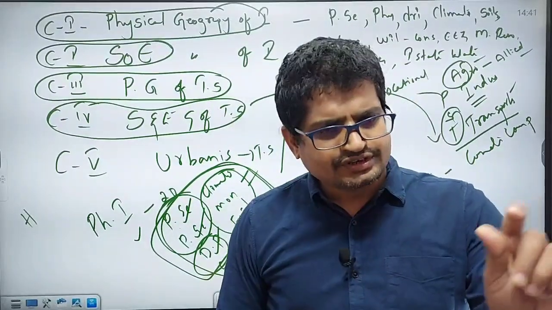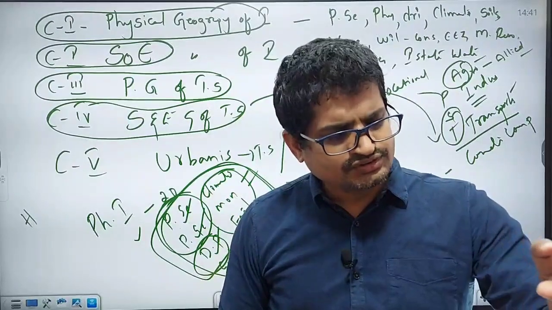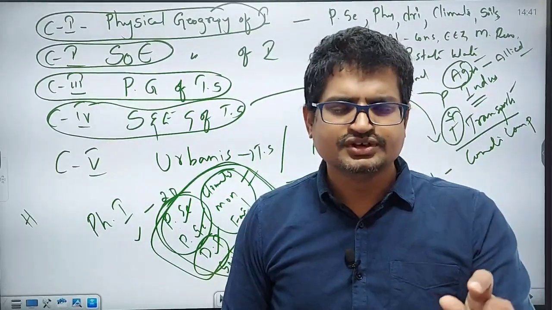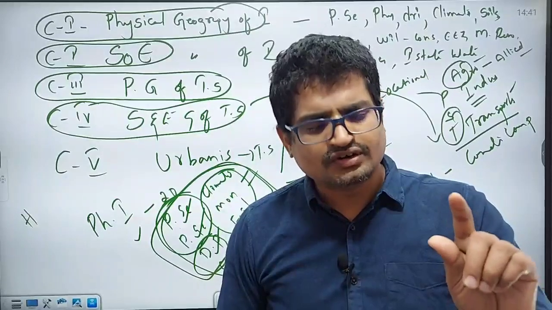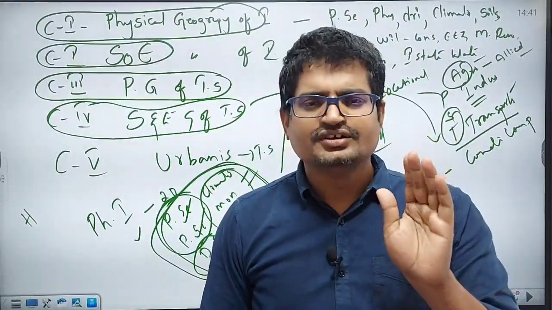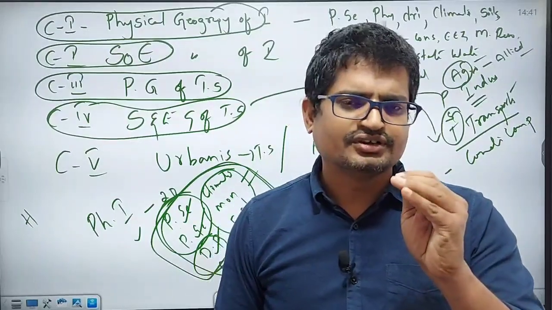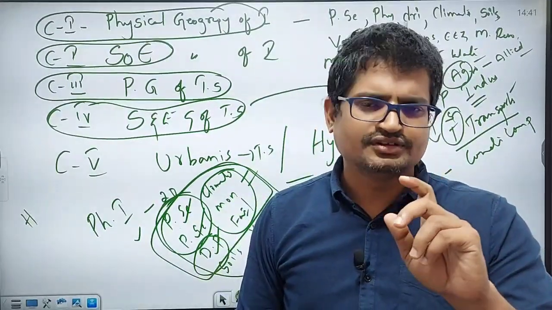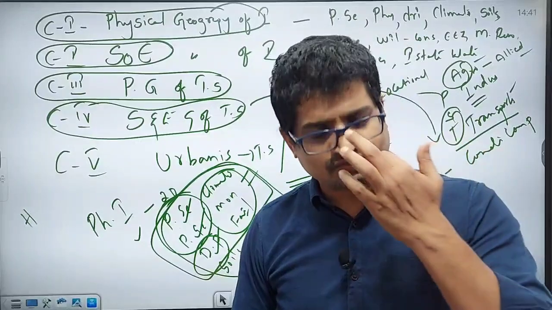If the question is direct, if the question touches current issues, if you have the concept, if you present neatly, you will get a good score. Out of 10, there is scope for 7 to 8 marks.